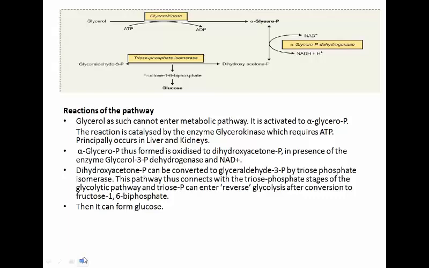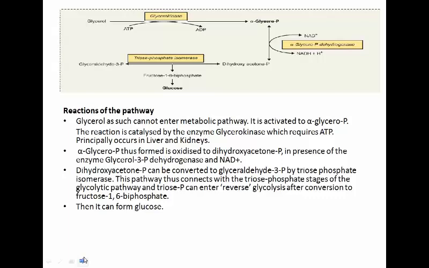As you know, this dihydroxyacetone phosphate is interconvertible to glyceraldehyde 3-phosphate. And the enzyme required for the conversion of dihydroxyacetone phosphate to glyceraldehyde 3-phosphate is triose phosphate isomerase.